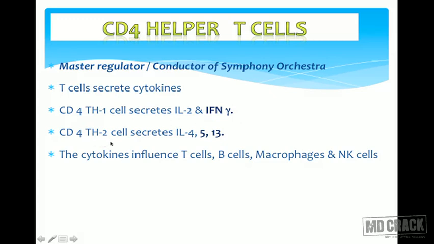CD4 T helper 2 lymphocytes secrete interleukin 4, 5, 13. 5 and 13 are important for attraction of the eosinophils. The cytokines influence not only the adjacent cells but also B lymphocytes, macrophages and NK cells. So this is how the cells communicate with each other with the release of a variety of cytokines. This is the most important target in HIV infection. So the CD4 cell is the one which is crippled by HIV infection.